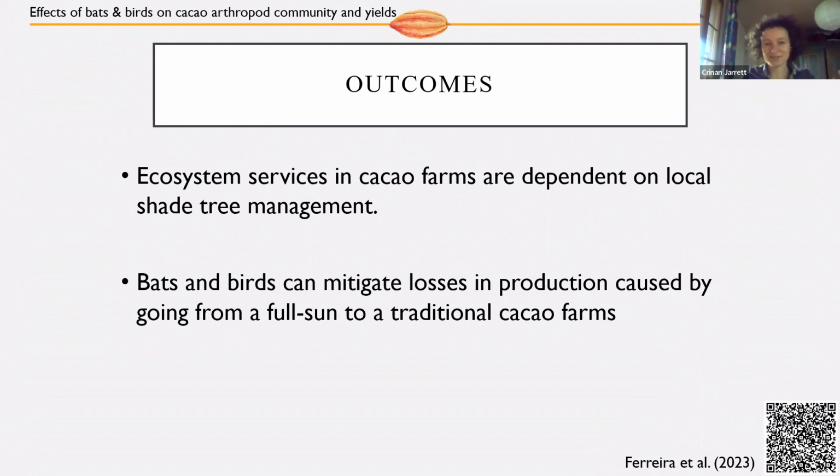Our understanding is that if we have a sunny farm and then we add shade trees, our productivity goes down. But what our study shows is that the presence of bats and birds reduces or eliminates that decrease in productivity of going from a sunny farm to a shady farm.